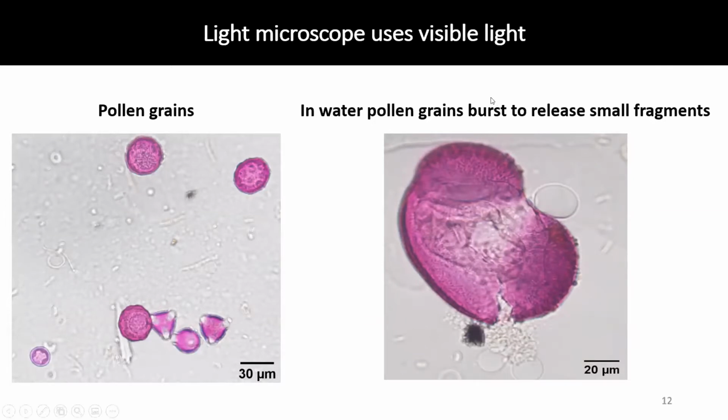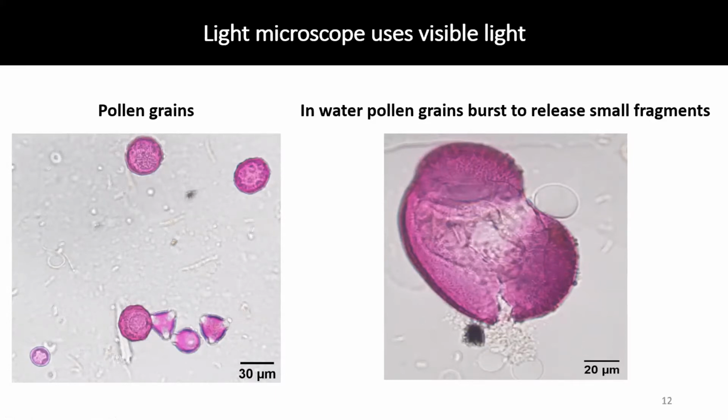Yeah, so I am going to talk a little bit about how I use the electromagnetic spectrum in my research. Have any of you heard about pollen allergies? Pollen allergies happen when the pollen grains that are present in the air go into our respiratory system. We can see these pollen grains under the light microscope, which uses visible light.